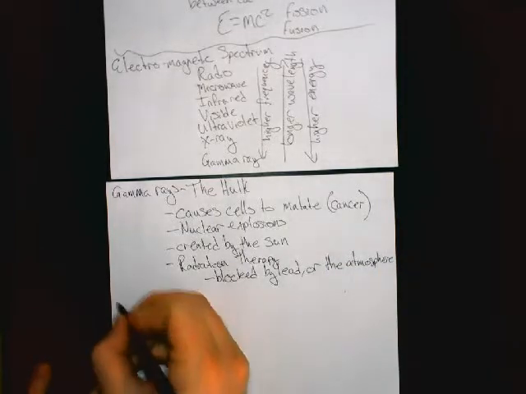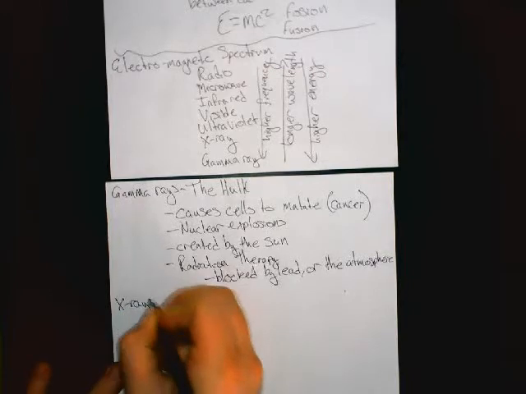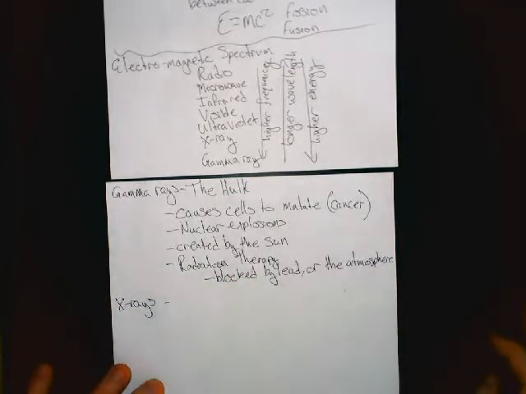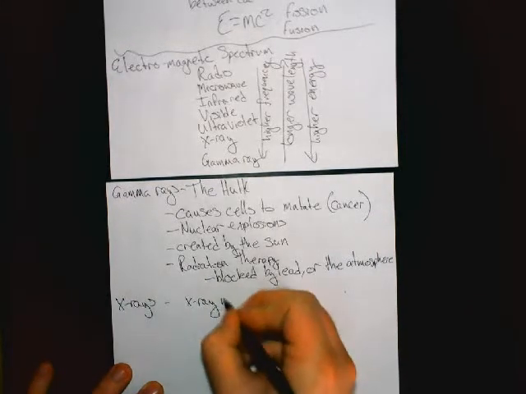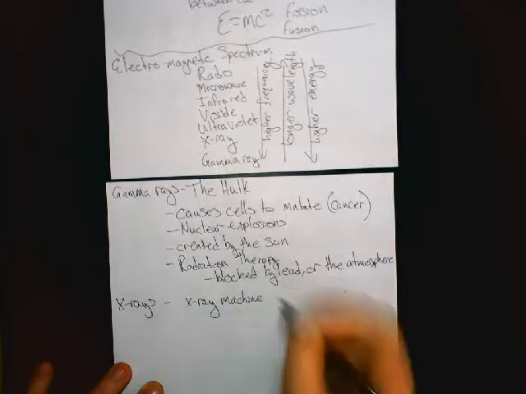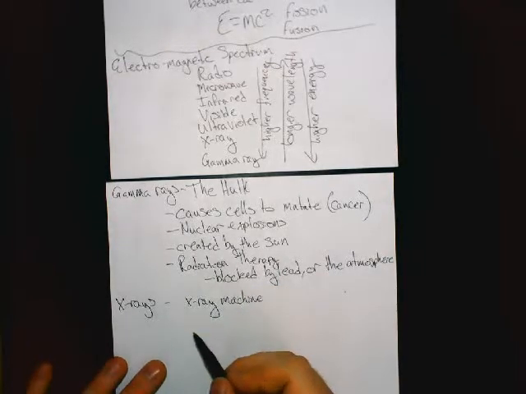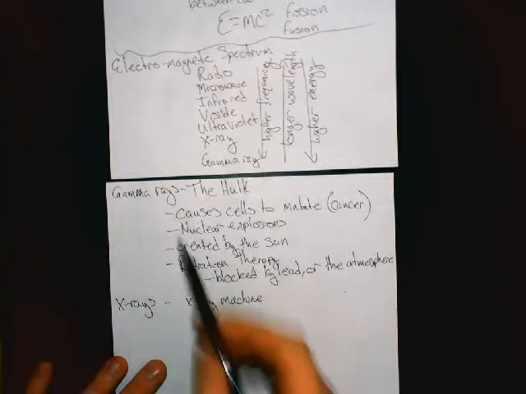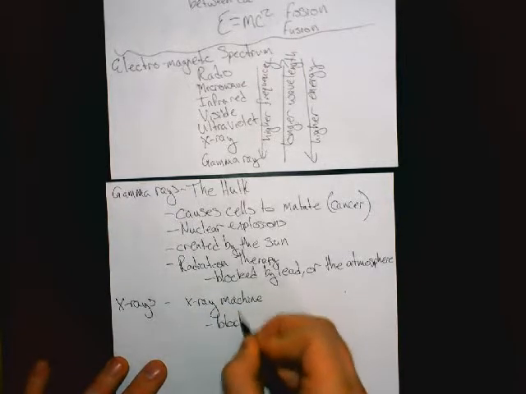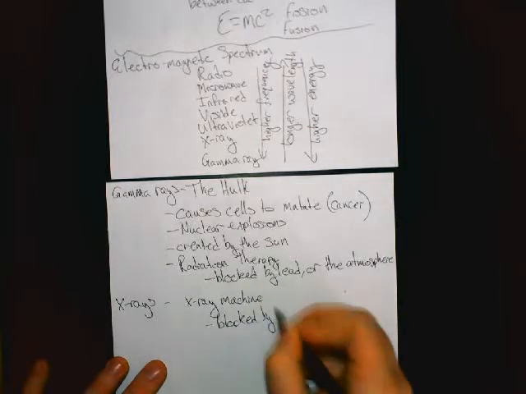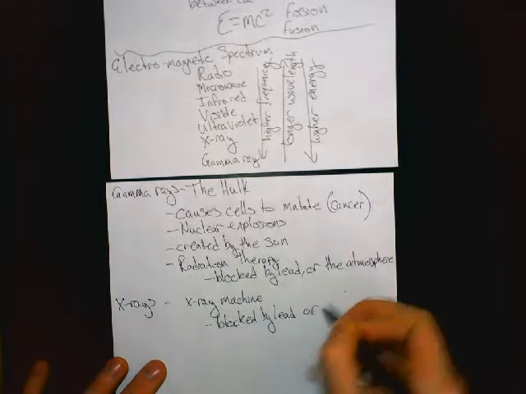Okay, next one down the list, X-rays. X-rays are used for X-rays. All right. They're able to be used for X-ray machines because, like gamma rays, they're only blocked by lead or the atmosphere.